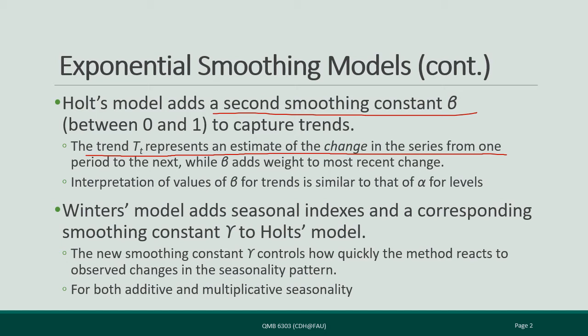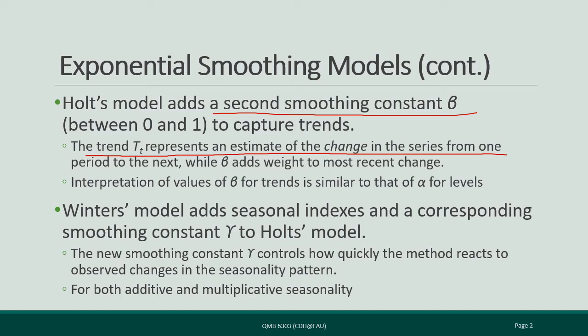Beta is between 0 and 1, and a larger beta means the trend is more similar to the previous change, so the changes of trend are more dramatic. We'll see that the trend may change quickly over time.